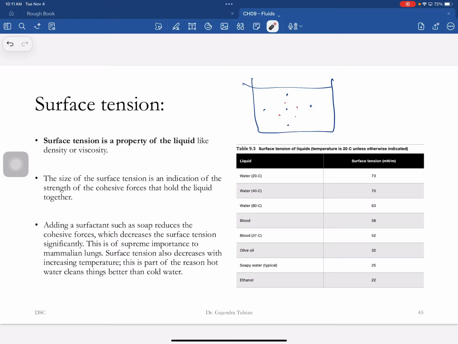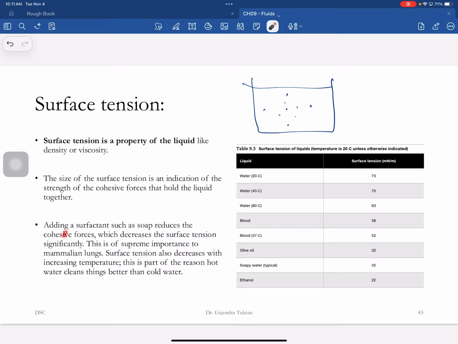So that's why if you use soapy water, the attractive force between water molecules is less, and if you increase the attractive force between the water molecules and the stuff, then you can clean away the stuff. And that's why if you heat water also, you're decreasing the force between the water molecules, and if the water molecule attracts the other stuff, dirty stuff, with a great force, then you can wash things away.